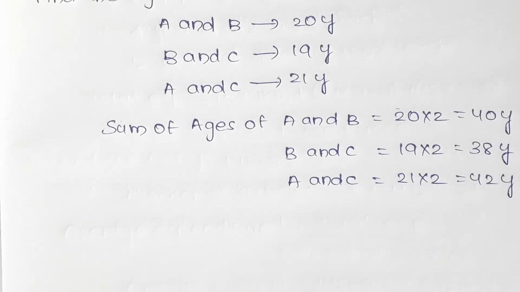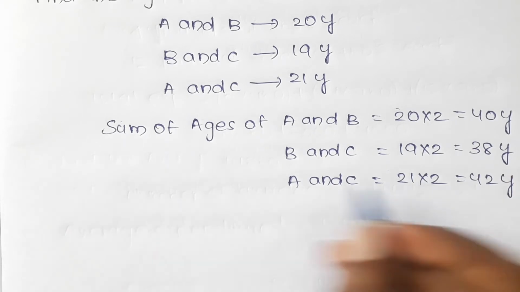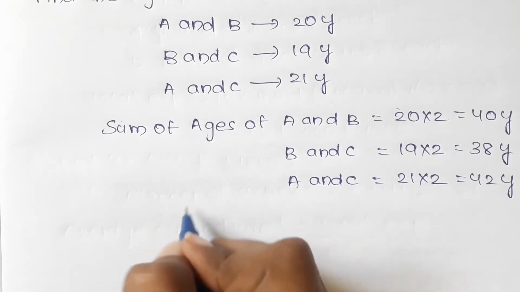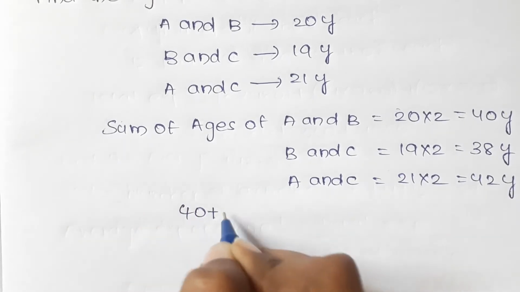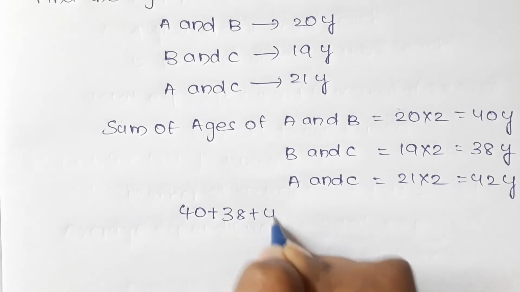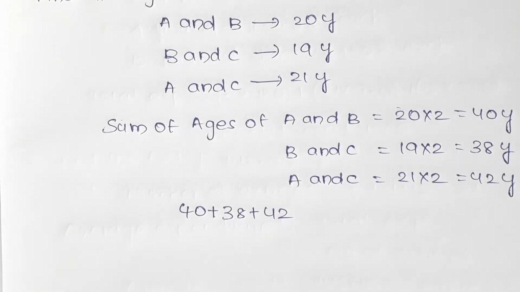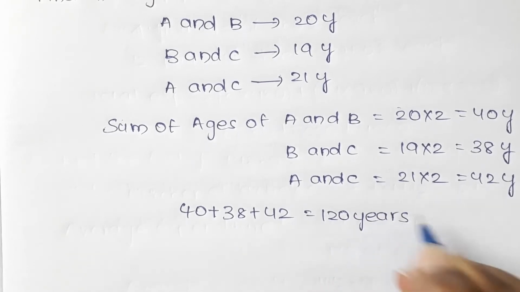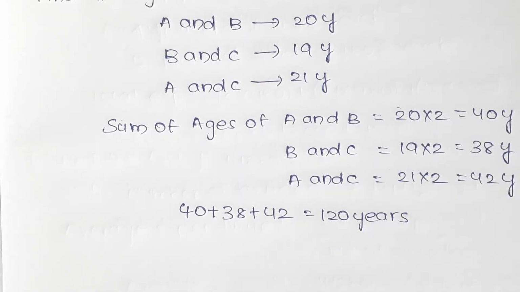Now to find the ages of all three, we should add these three. By adding all three we get 40 plus 38 plus 42, that equals 120 years. That is, the sum of the ages of A, B and C taken twice is 120 years.